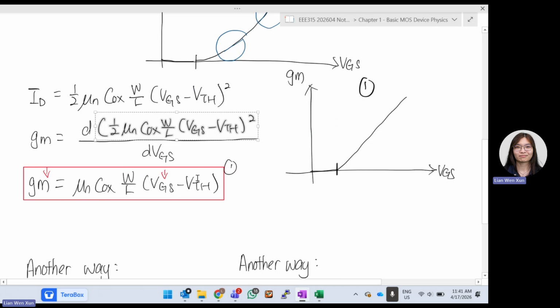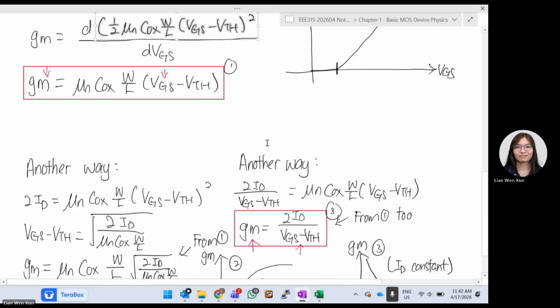Now we draw a graph of GM versus VGS. After threshold, we realize that it doesn't have any square or anything, so basically it will just be a straight line. When VGS increases, your GM increases in a straight line. So this is your first GM characteristic.